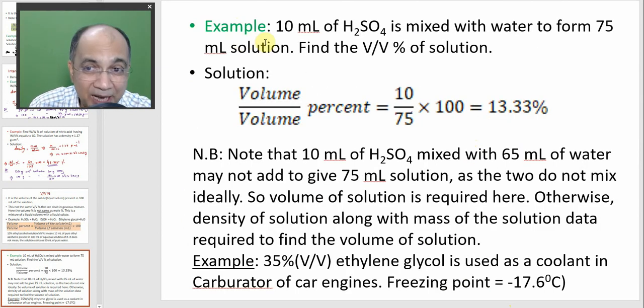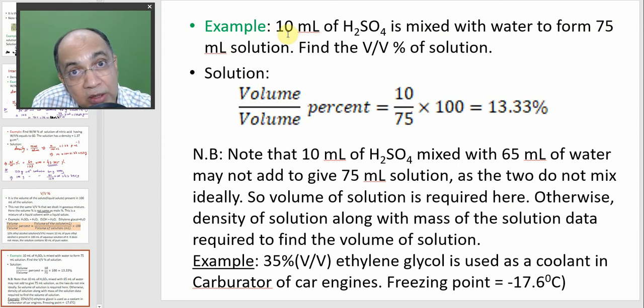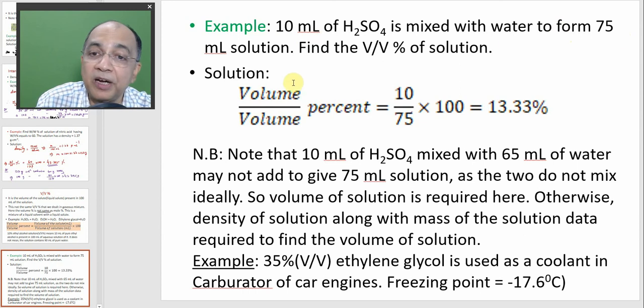Now let's take up an example. 10 ml of sulfuric acid is mixed with water to form 75 ml solution. Did you notice? 75 ml solution, not 75 milliliter water. It's not 75 plus 10, 85. No. 10 ml plus X, the remaining water, the mixture will amount to 75 ml.